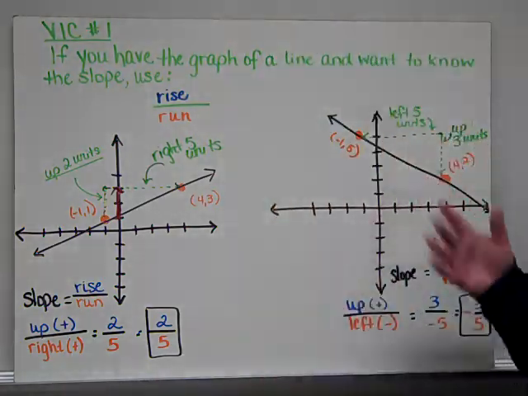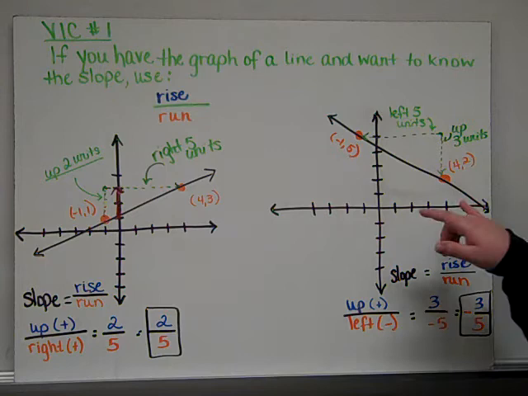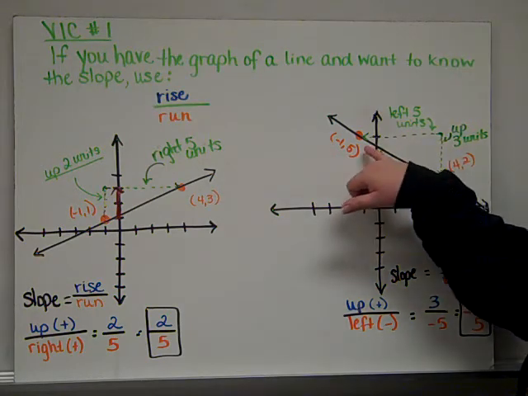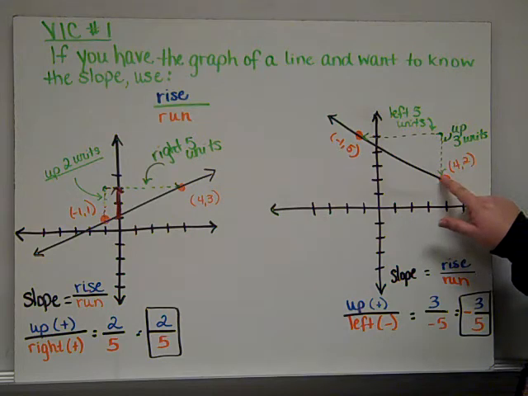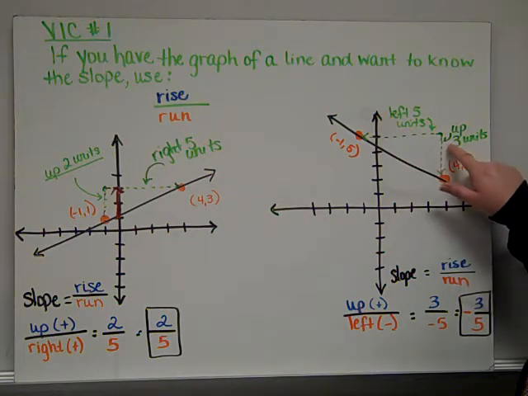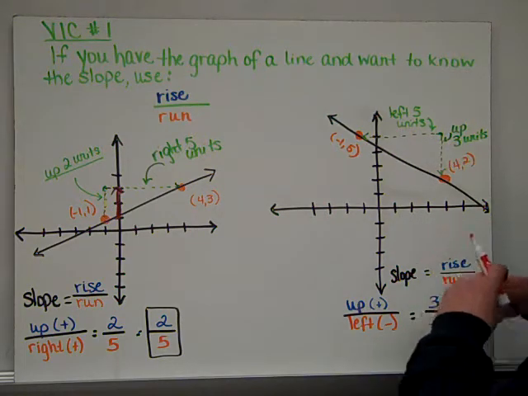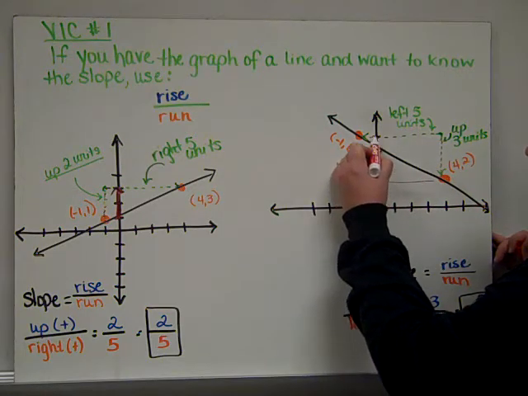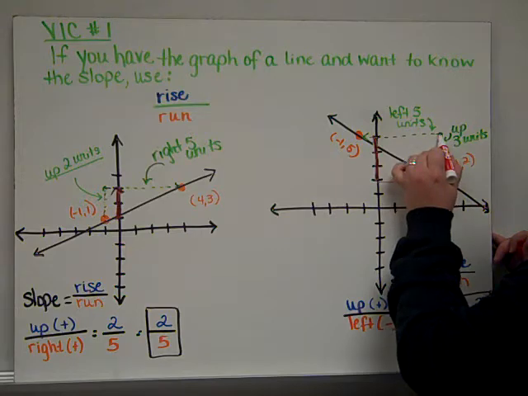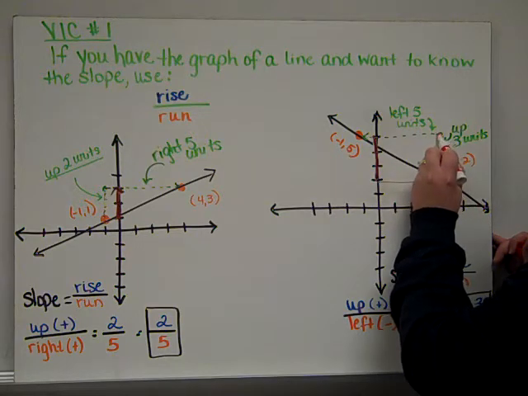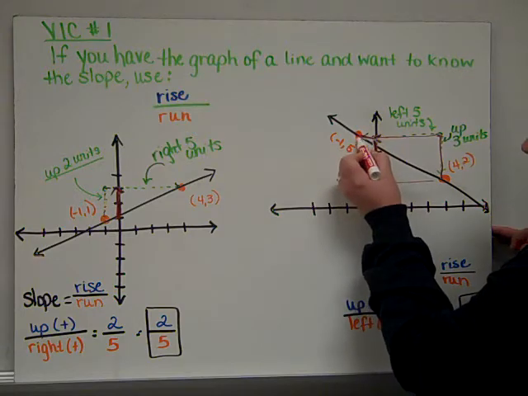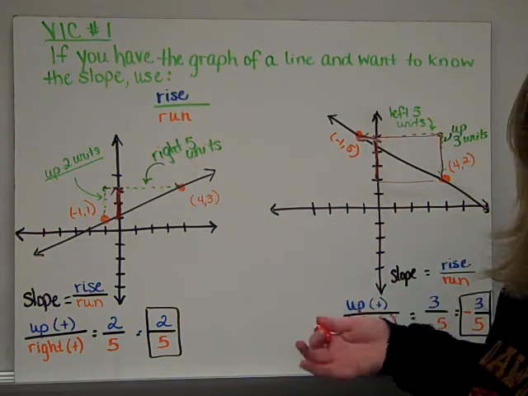Okay? Example number 2. Again, here are my 2 points. From this point to this point, when I rise, I go up 3 units. I'm just talking about from here, 1, 2, 3. From this point up, that's 3 units. Then going over to this point gives me 5 units.